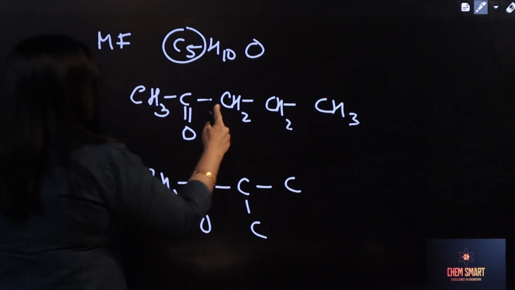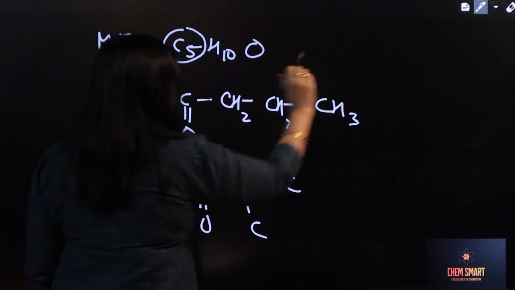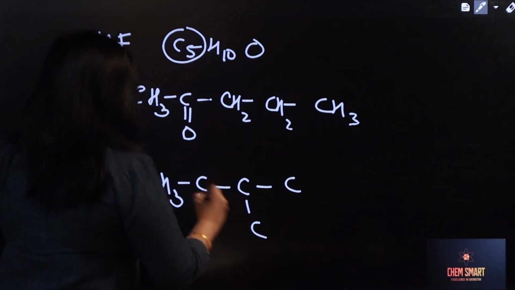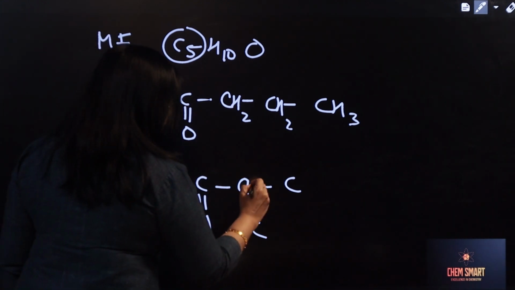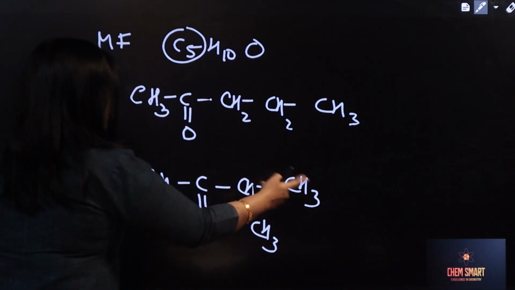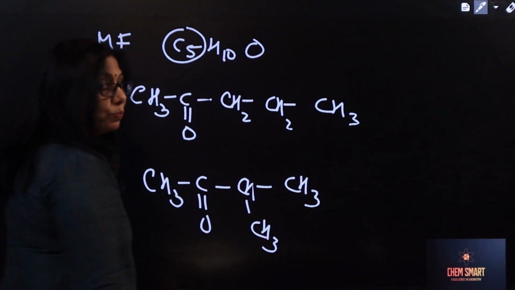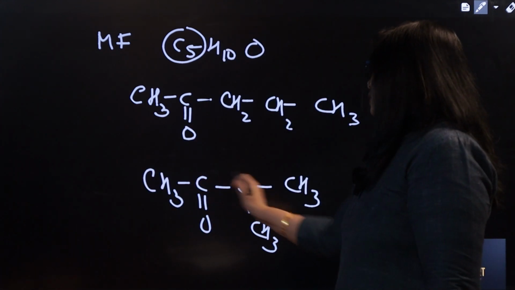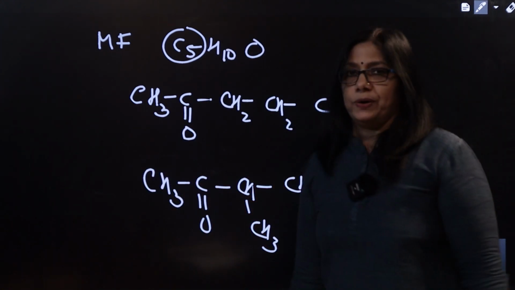So it is methyl n-propyl ketone, or pentan-2-one. What about this one? So this is methyl isopropyl ketone, or 3-methyl butan-2-one.